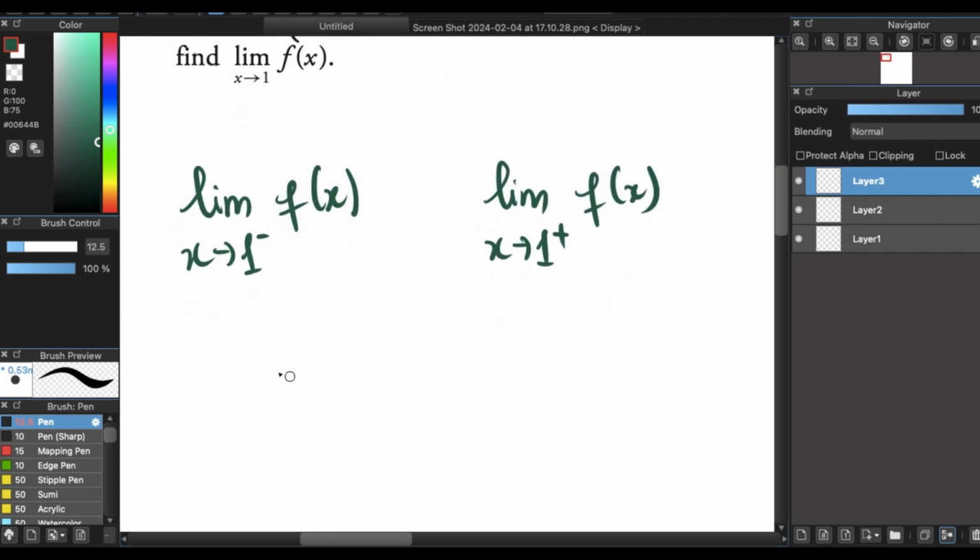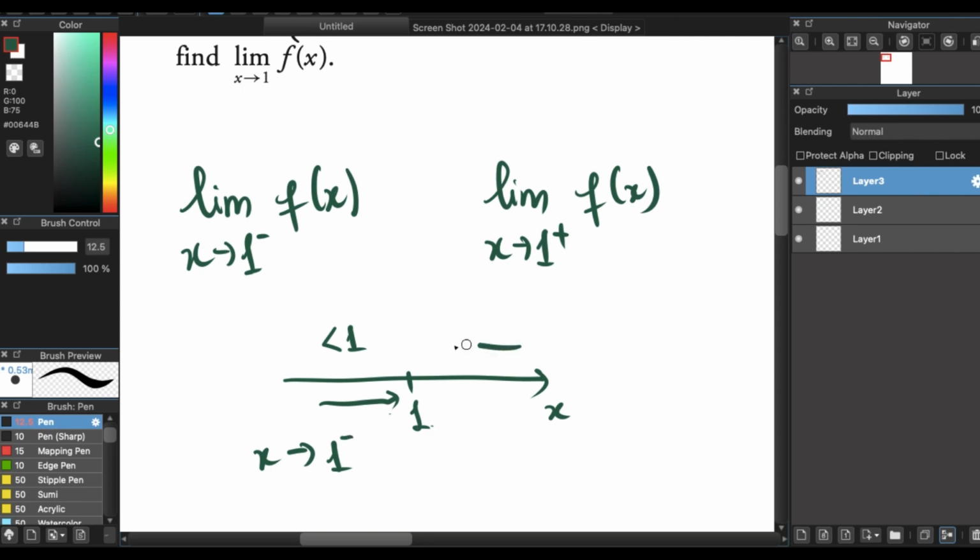Okay, so here's a visual way to think about it. This is our value for x, and this is 1. On this side, when x is smaller than 1, we write it as x reaches 1 with a little minus symbol on top.